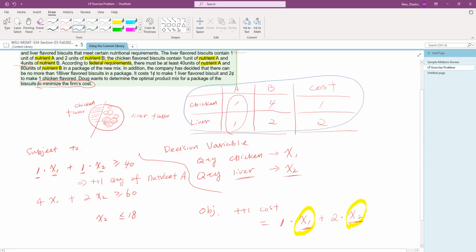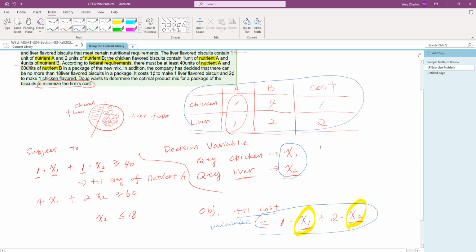We now know our decision variables are x1 and x2. The reason we call them decision variables is that your total cost is eventually going to depend on those variables. This is our objective function, and we seek to minimize it. How do I know this is minimization? Based on the description of the problem itself.